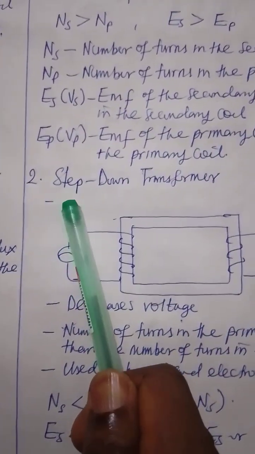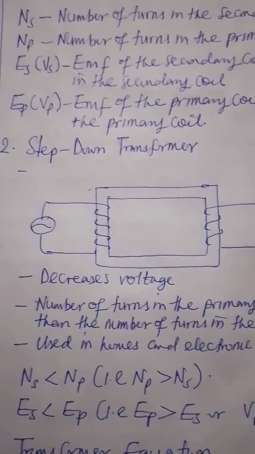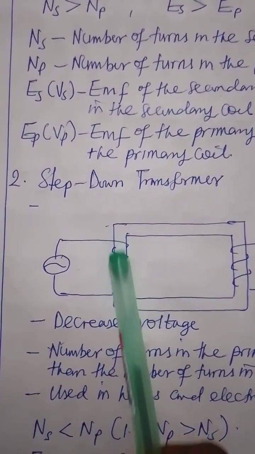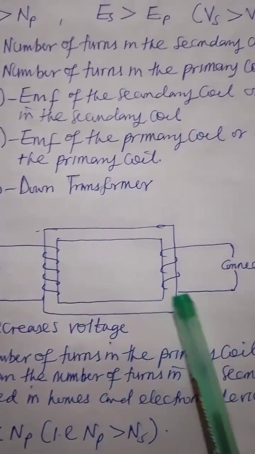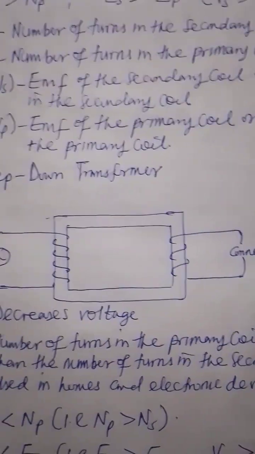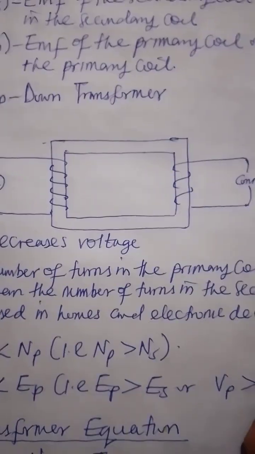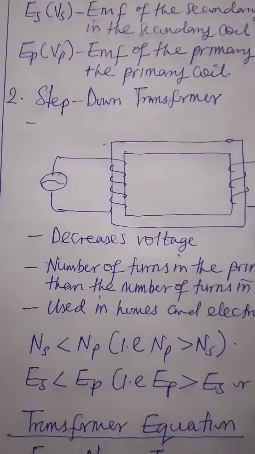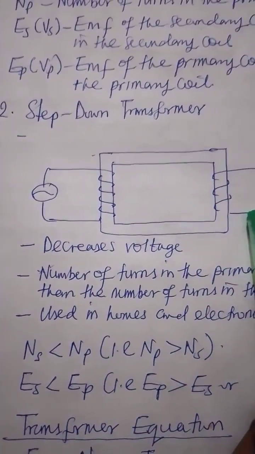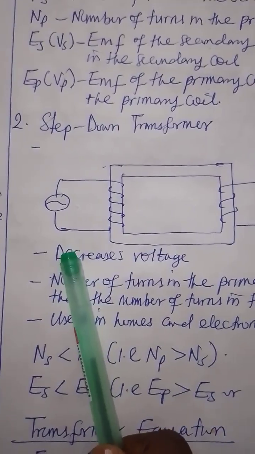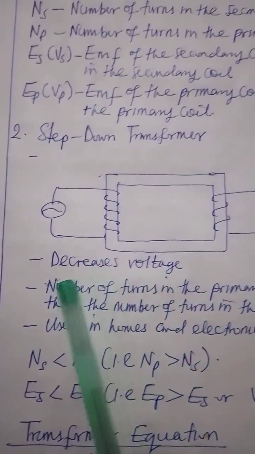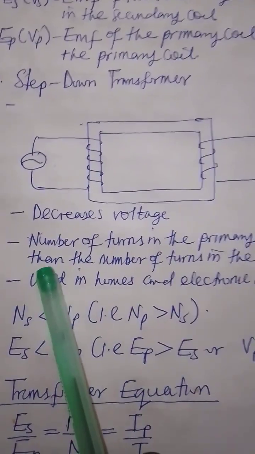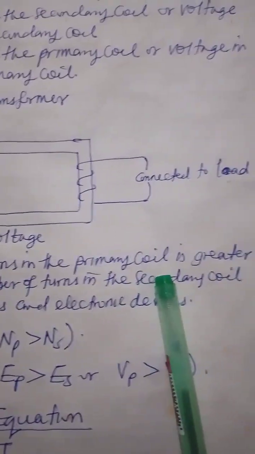Number two is step-down transformer. Now if you notice, the number of turns in the primary side is greater than the number of turns in the secondary side. So it means you are stepping down the voltage. By this connection and by this arrangement, the voltage decreases. The number of turns in the primary coil is greater than the number of turns in the secondary coil.